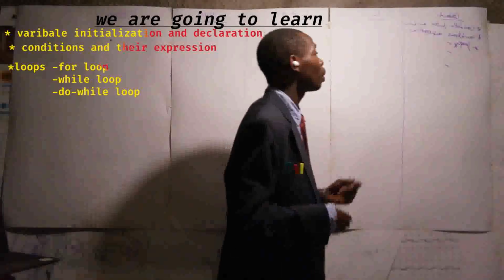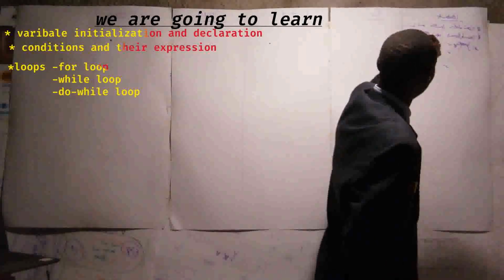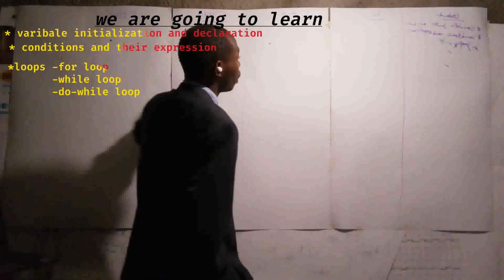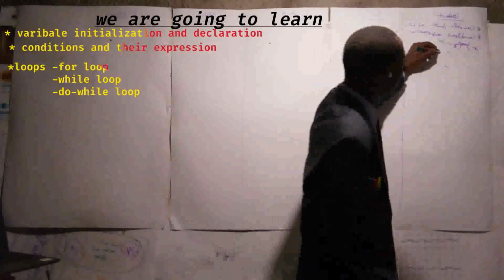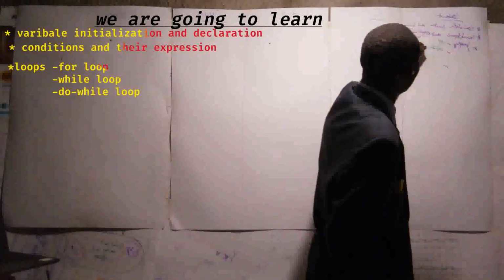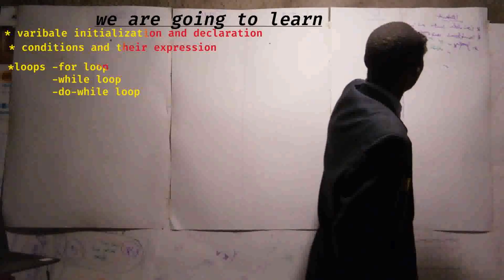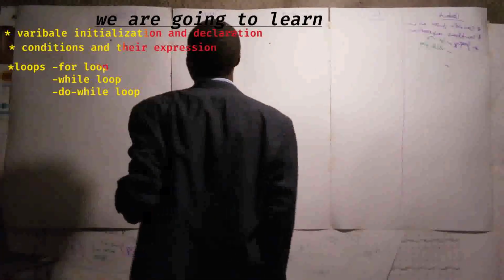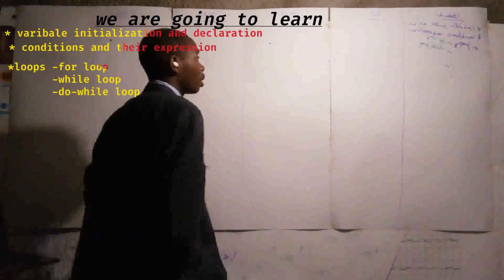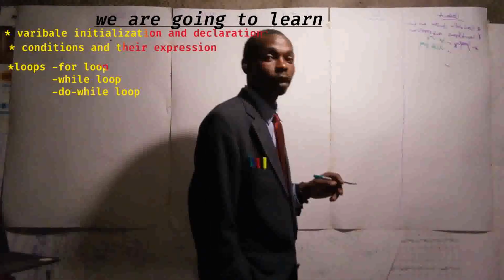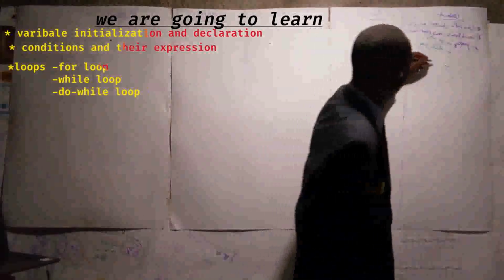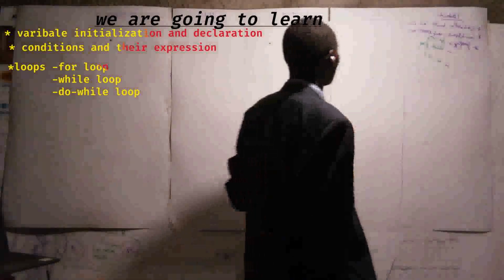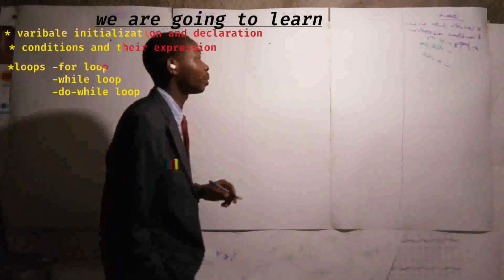We have the for loops in C, C++, Java and Python. We have the while loops in C, C++, Java and Python. And we have do-while loops in C, C++ and Java.